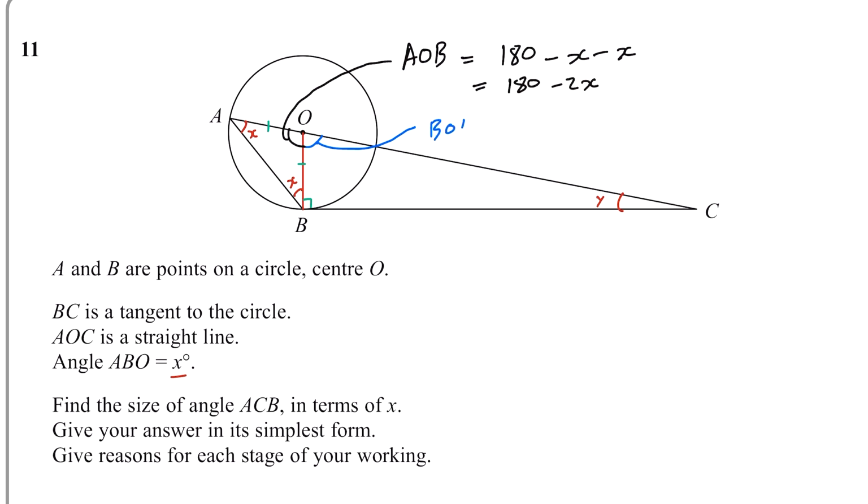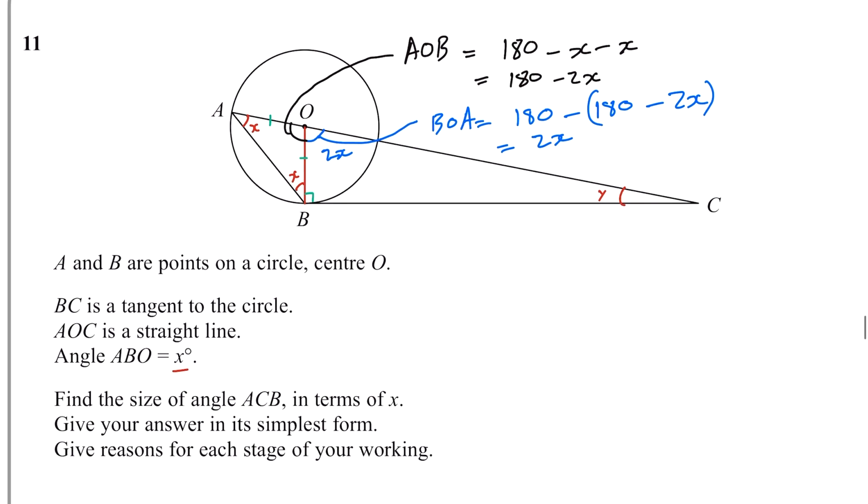So that means BOA is going to equal 180 minus AOB, which is 180 minus 2x. Put brackets on that. So that then becomes 180 minus 180, which is 0, and then a minus and a minus become a plus, so that becomes 2x. So now I know what this is. This is 2x.